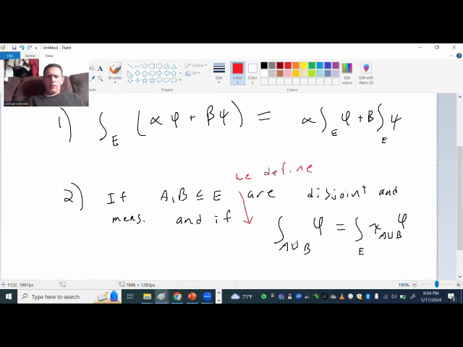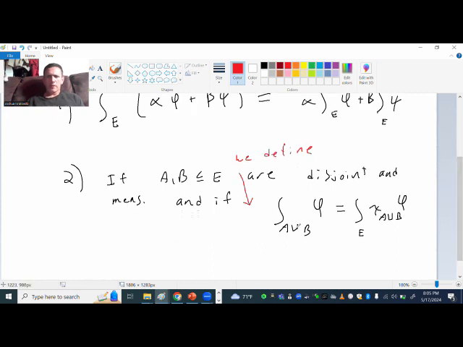Right. So in general, if I have a subset of E, the integral over A of this would just be the characteristic function of A times this simple function. So this is saying integration against a simple function behaves kind of like a measure. We'll make that much more clear later on. And absolutely it will behave like the Lebesgue measure.